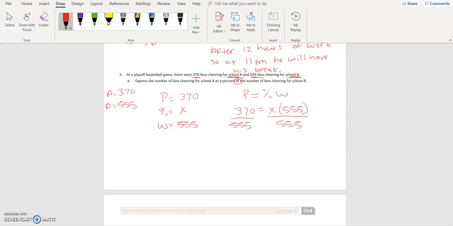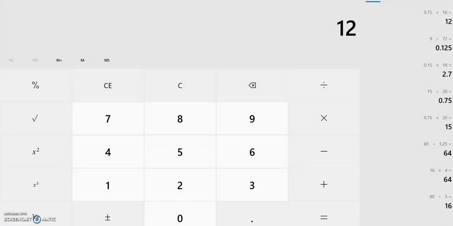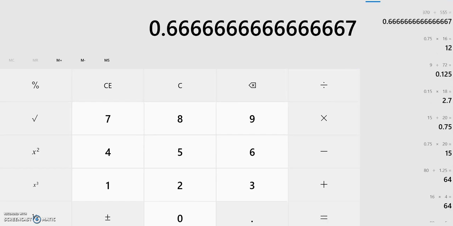Okay. So 370 divided by 555 equals 0.6 repeating on forever.